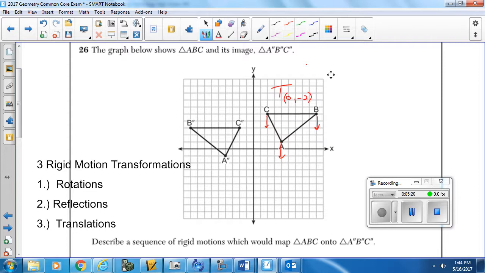Okay, if you remember this, this means a translation of 0 to the left or right, it doesn't matter, because you're going 0, and 2 down, right? And then you could reflect it over the y-axis, all right?